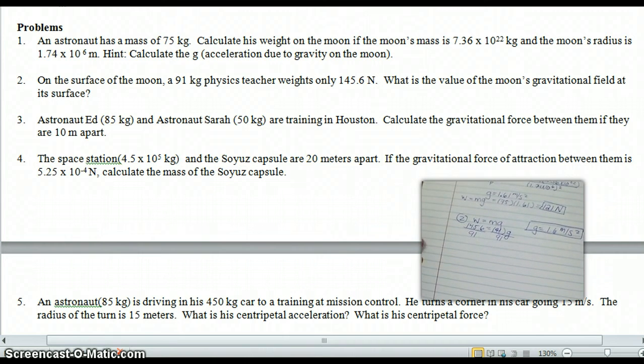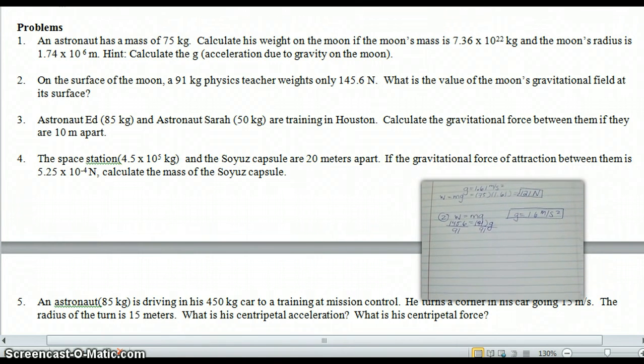Let's move on to number 3. Number 3 says, astronaut Ed, who has a mass of 85 kilograms, and astronaut Sarah, who has a mass of 50 kilograms, are training in Houston. Calculate the gravitational force between them if they are 10 meters apart.